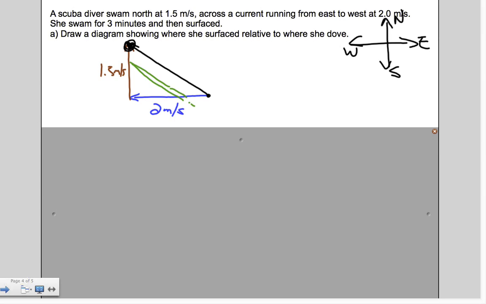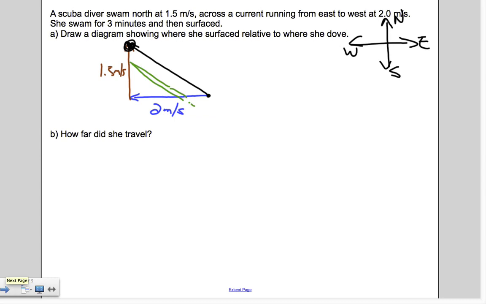Okay. So another question is, how far does she travel? How do we figure that? Well, does north-south meet east-west at a right angle? We can assume, in fact let me assume, it is a right angle here.